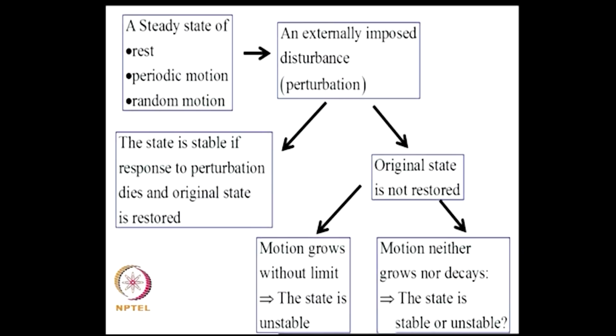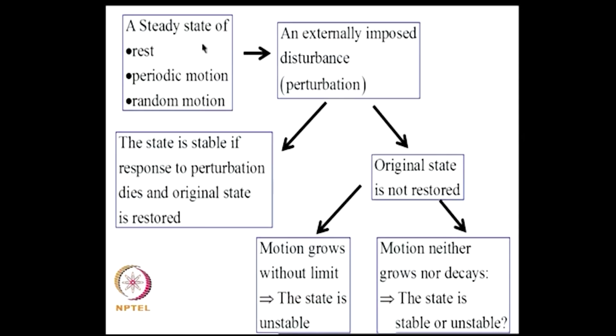So, we can therefore say that we consider steady state response of systems, which could be state of rest or periodic motion or even random motion. On this we impose an external disturbance, which we call a perturbation. Because we have applied this perturbation, the structure's position will change.